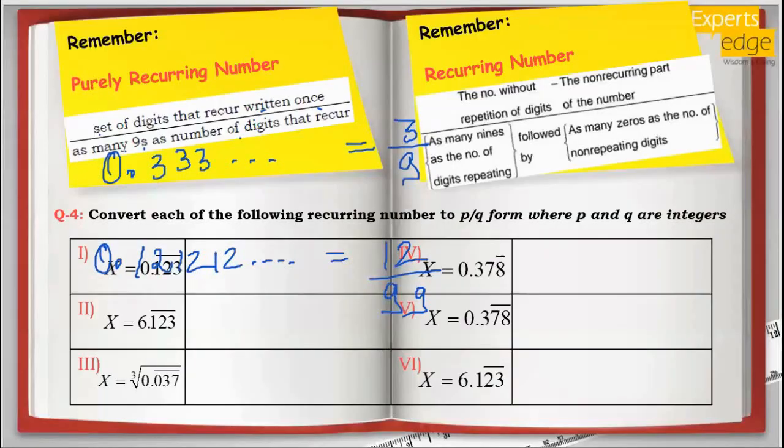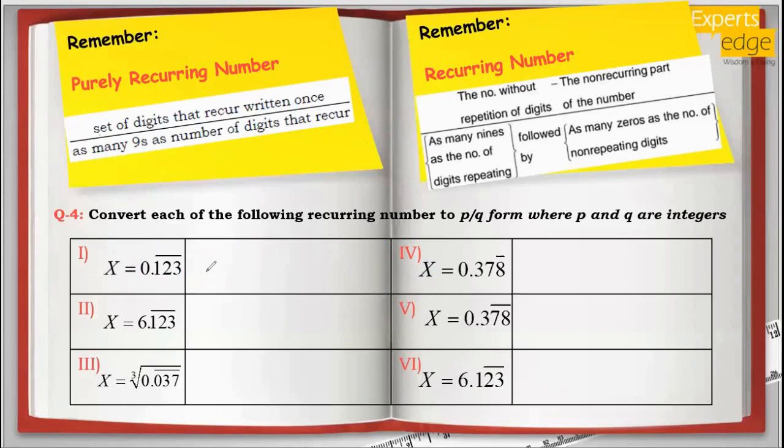Let's solve some examples. What is the answer of this first one? This bar represents the recurring part. So here the recurring part is 123. So the answer of this is nothing but 123 upon 999. This method applies for the decimal part, right?